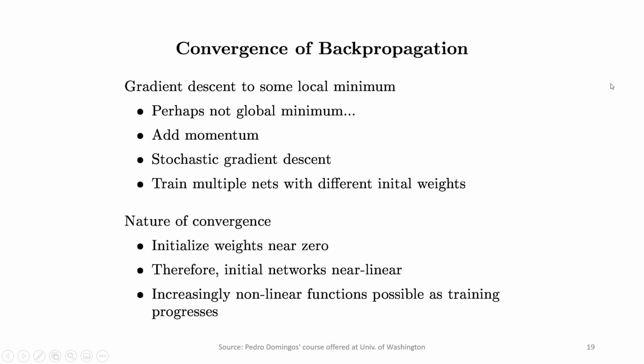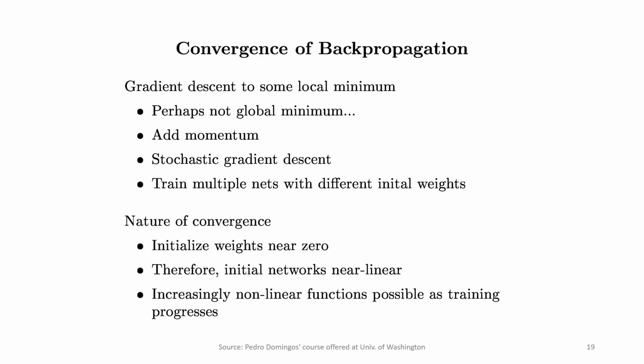Maybe we'll talk about them when we go to deep learning models, but there are ideas such as adding momentum, where you not just go along the gradient, but also add a momentum term which will help you escape the local minima. Stochastic gradient descent can also help escape local minima because of the stochasticity. Another way to escape local minima is to train multiple networks with different initial weights.